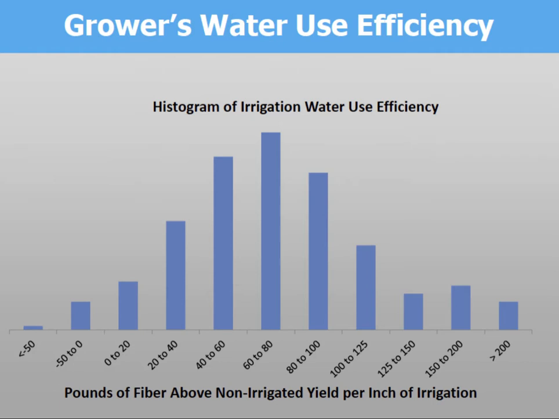You'll notice that there's a pretty wide range of increased yield over dryland, and Dr. Barnes touched on this a little bit during his presentation as well, this idea that the quantity of water that you put on can have either a large or a small impact based on the timing, based on the crop condition, and I'm hoping to talk about some of those features that are going to help us to maximize the quantity of yield that we get per inch of irrigation here.